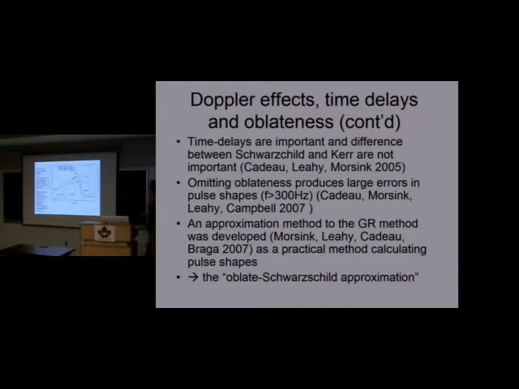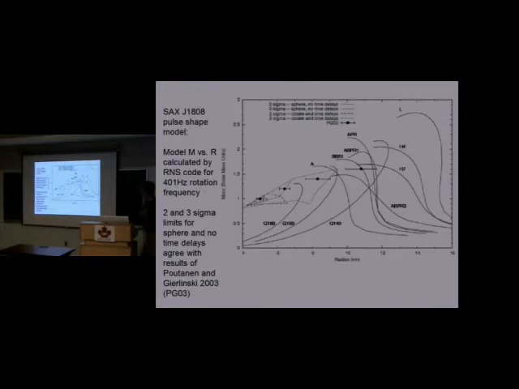Okay, so we've done that, and we applied this to the original outburst pulse shape from SAX J1808 from the 1998 outburst, and compared that to the first modeling of that pulse shape by Poutanen and Gierliński in 2003. Their results are given by these little bars, and our results, when we omit the oblateness and time delays, we get a 3 sigma allowed region over here and a 2 sigma allowed region here.